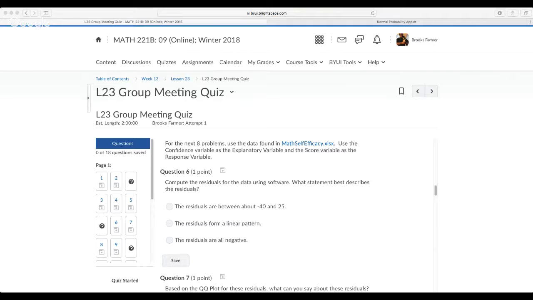Okay, so just so that we're all on the same page, the first explanatory variable is 4.34. Yeah. And the first response variable is 50. Correct. So compute the residuals for the data using software. I'm trying to remember where that is.